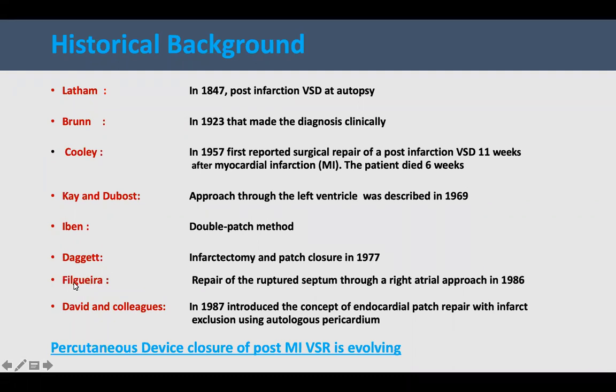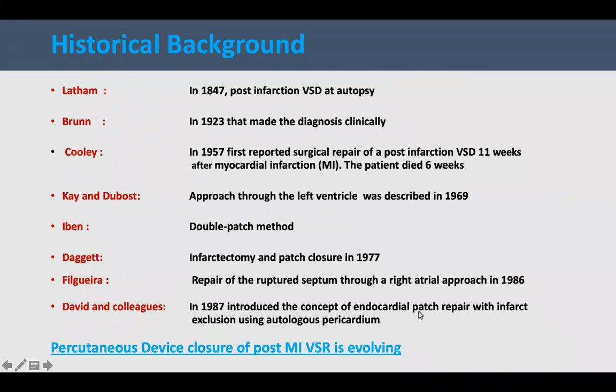Then some people from Japan, like Fukushima, used the right atrial approach, which is not so common, but has been done. This approach is particularly interesting when you have a chronic VSD, as in pediatric cases of chronic post-MI VSD. I think David and colleagues did the most common one in 1987.